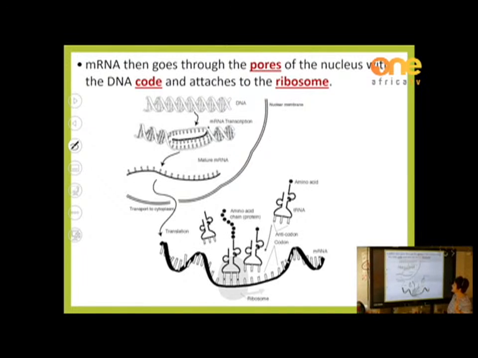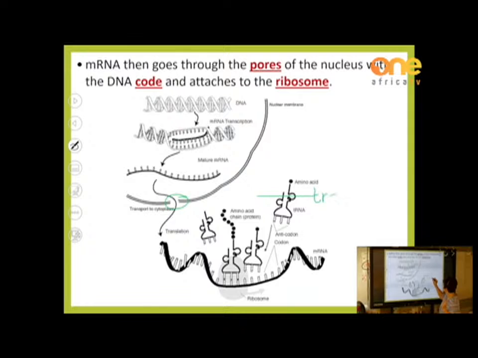The mRNA goes through the pores with the message. It's taking this message to the ribosomes.